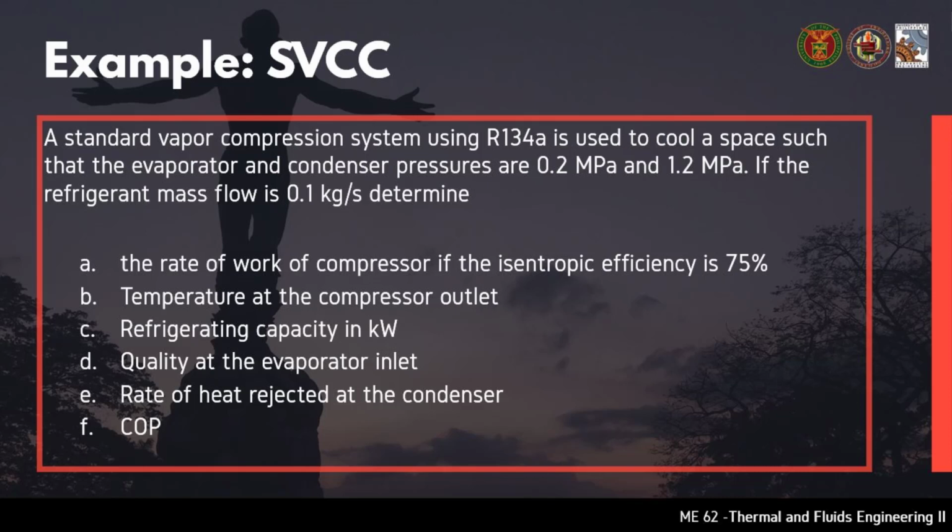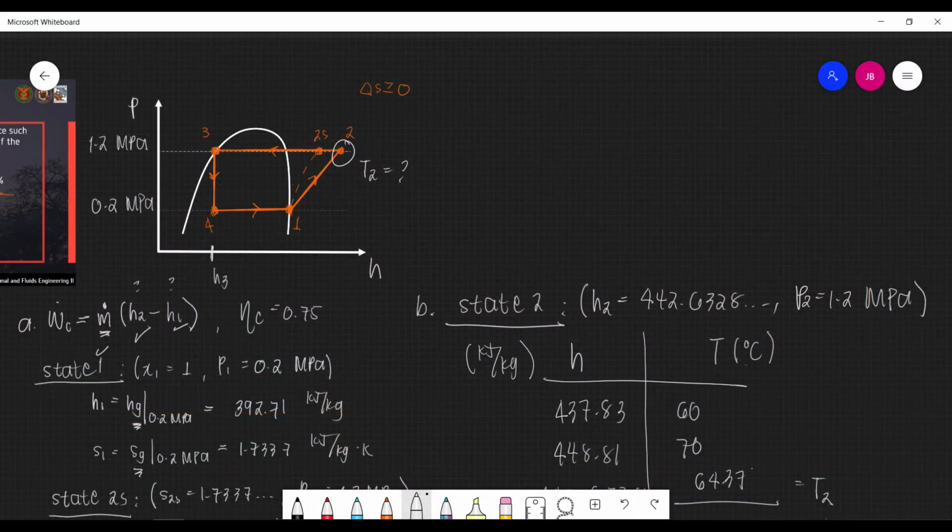We solve for the rate of heat rejected at the condenser, basically the mass flow rate of the refrigerant times the enthalpy difference at the condenser, which is basically H2 minus H3.